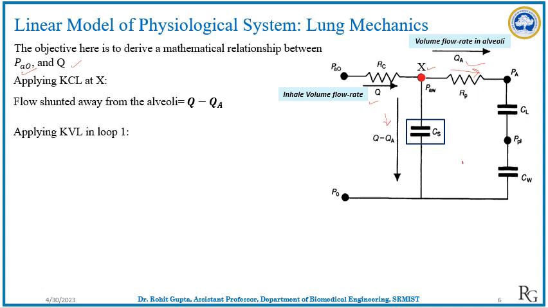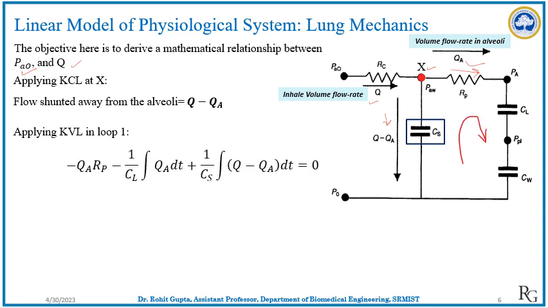Then if we apply KVL in loop 1, this equation can be generated. This is QA into Rp, a potential drop with the minus sign. Then the potential drop across this capacitor will be minus 1 by CL integration of the current passing through it, that is QA.